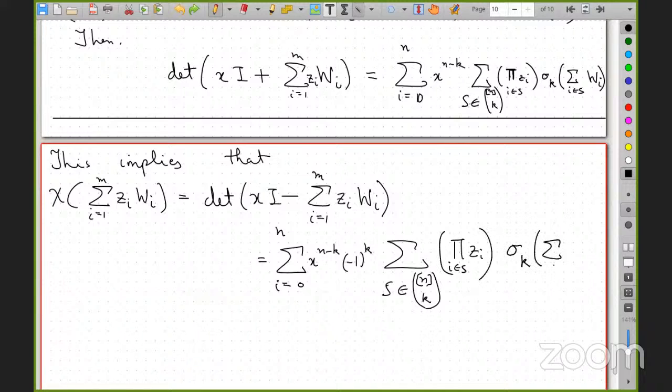Why the minus 1 to the power k? Well, you absorb the minus into minus zi. That's simple.